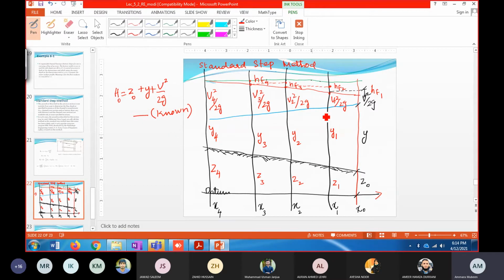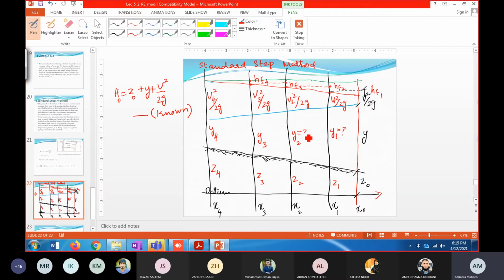After calculating the energy head at the section whose unknown parameters can be calculated easily using the given parameters, you would have to calculate the total energy at section 2, as your objective is to get this step.